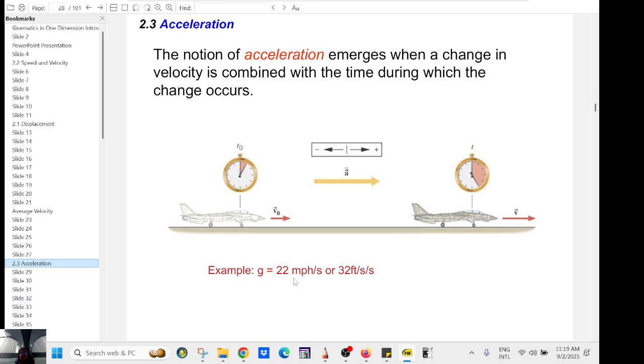If you fall for 2 seconds, it's like hitting the ground with a speed of 44 miles per hour. Can start to be bad, right? Yes. And 3 seconds, yes, forget it, right? 66 miles per hour. Conclusion, it's not the fall that kills, it's the landing, right?